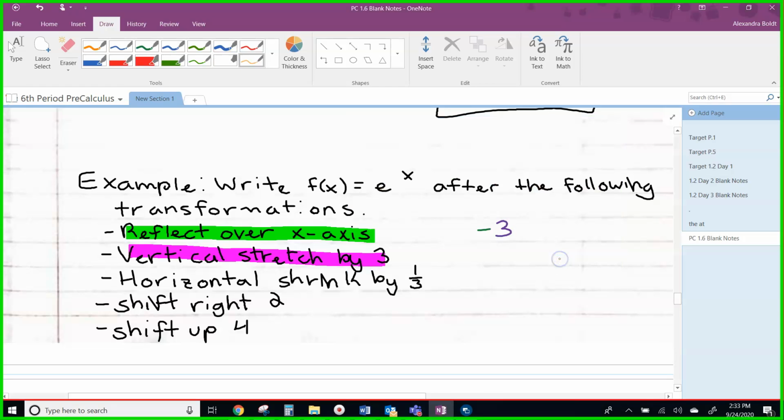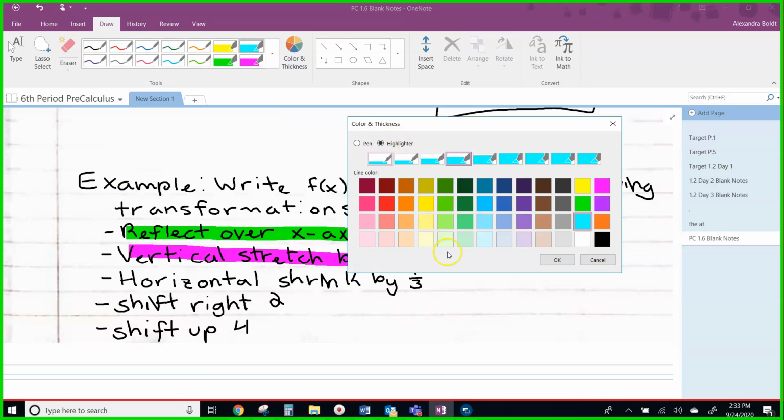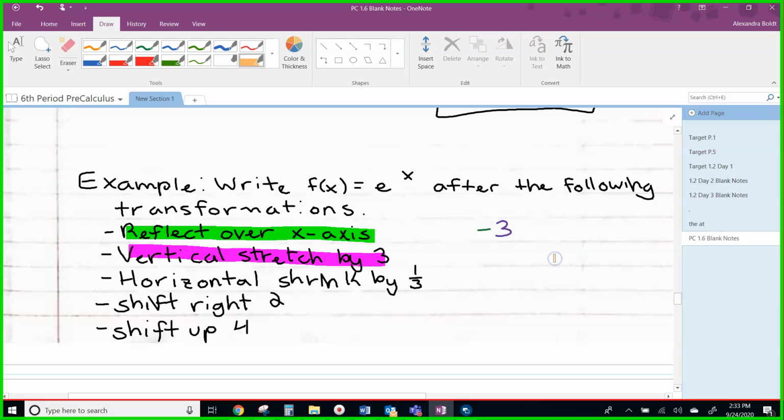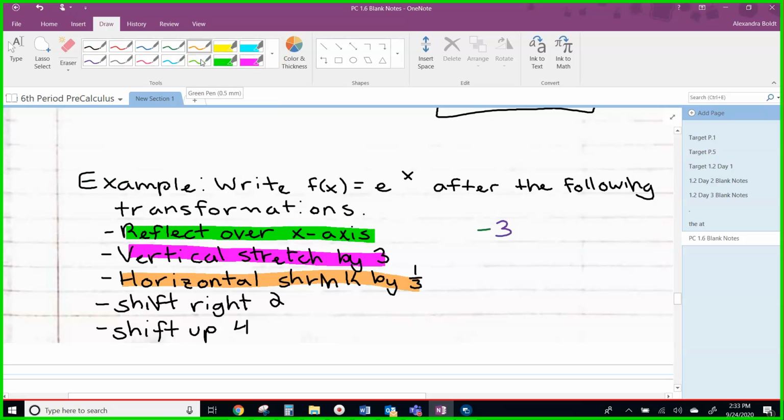The next one, horizontal shrink by 1/3. Again, it's horizontal, so it's happening inside of my function. So I'm going to write that f of, right?